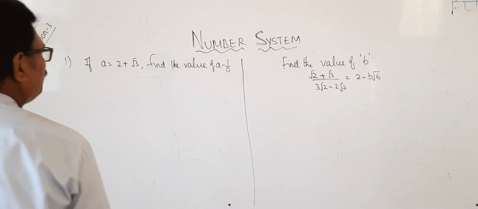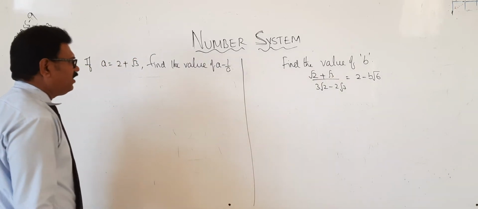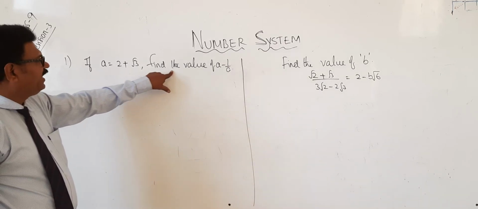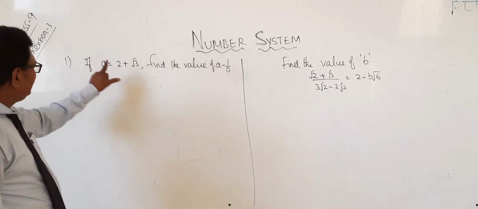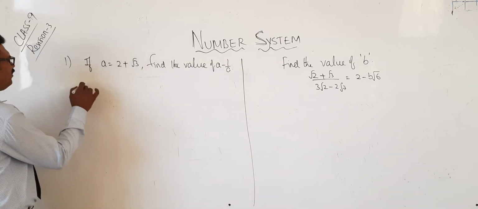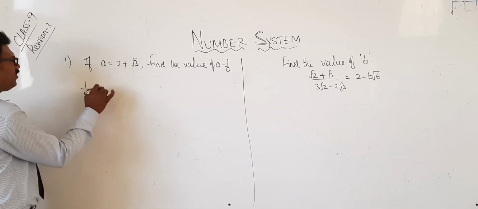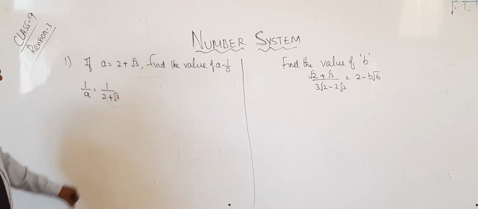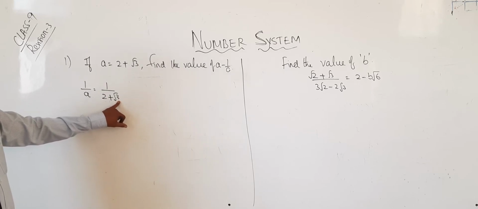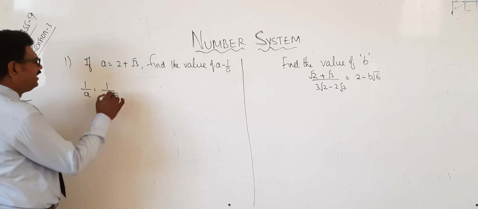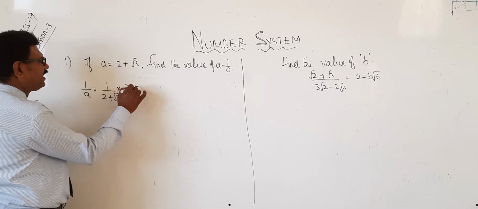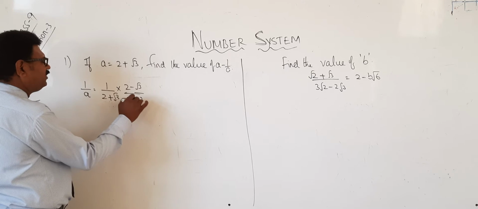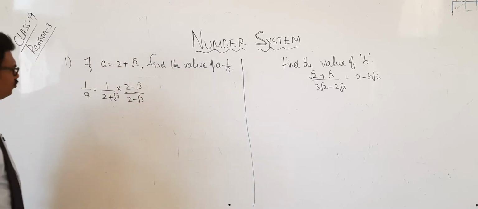Here two problems he has given. We will find them one by one. If a equals 2 plus root 3, then find the value of a minus 1 by a. A equals 2 plus root 3, there is no problem. We will see 1 by a equals 1 by 2 plus root 3. Since root 3 is in the denominator, we should rationalize. If it is plus, we have to take minus, that is multiply and divide by 2 minus root 3.